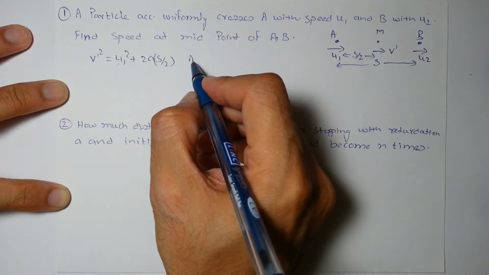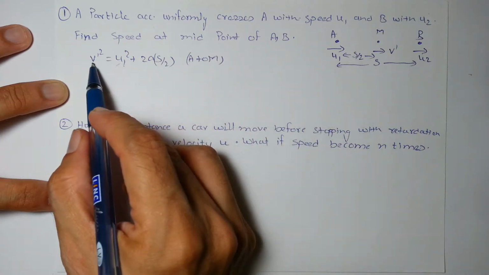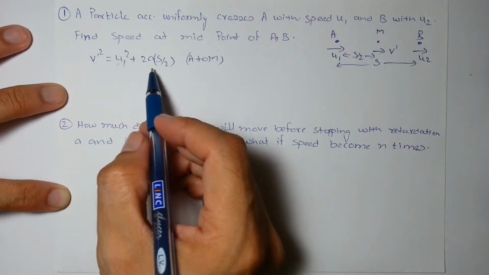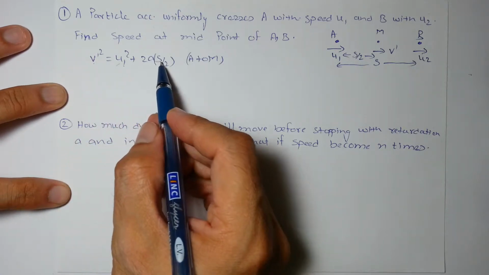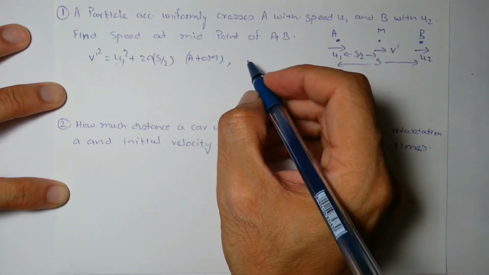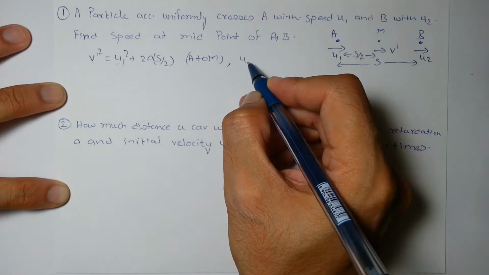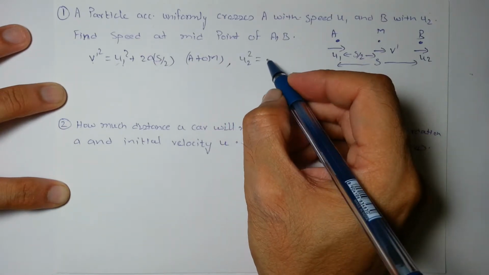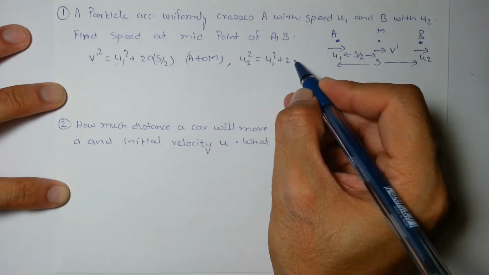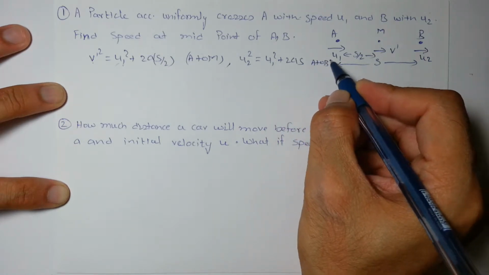Initial velocity is u1, final velocity is v dash, which is the answer, a is the acceleration, and displacement is s by 2. The next equation we write from A to B: final velocity u2 square is equal to u1 square plus 2as.